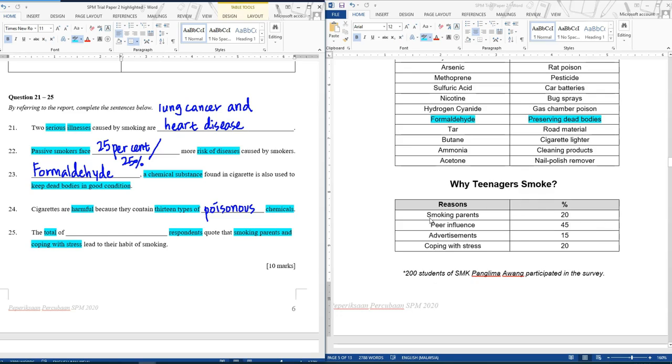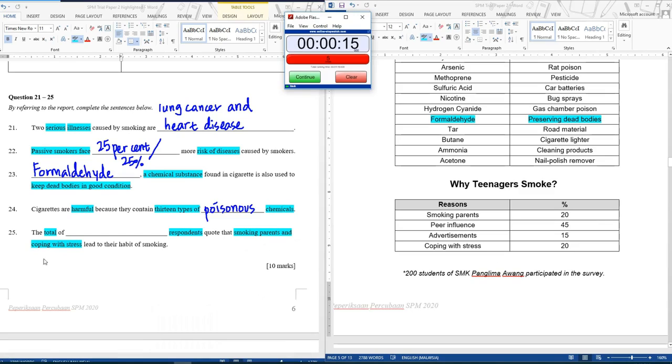They tell you that for smoking parents, there are 20% of respondents, and for coping with stress, there are 20% of respondents as well. Please remember there are 200 students who took this survey, and you will need to calculate based on this percentage here. So I'll give you 15 seconds. Please try and find the answer for question 25, starting now.